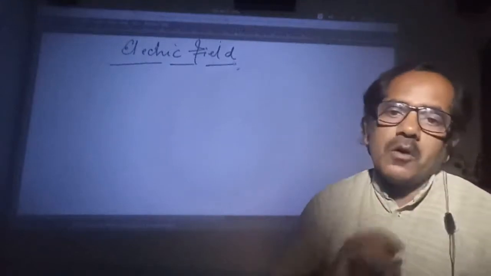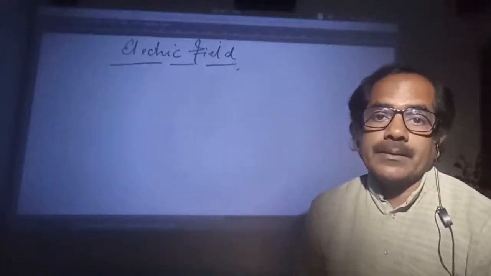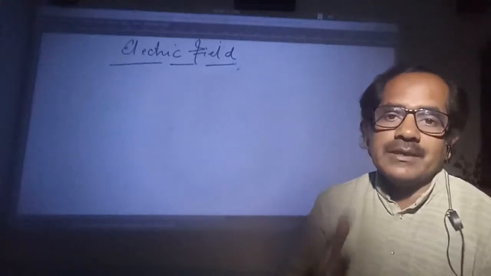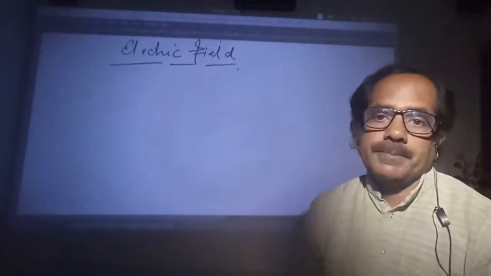So keeping all these things in mind, let us see how we can define the field influence or the charge influence, and we can declare this as the electric field.